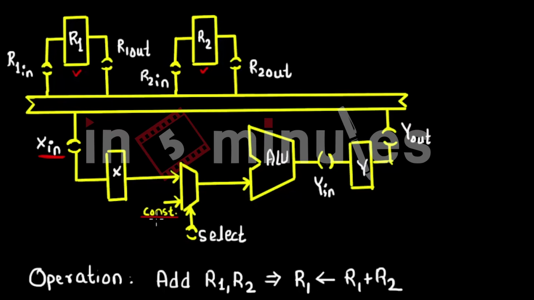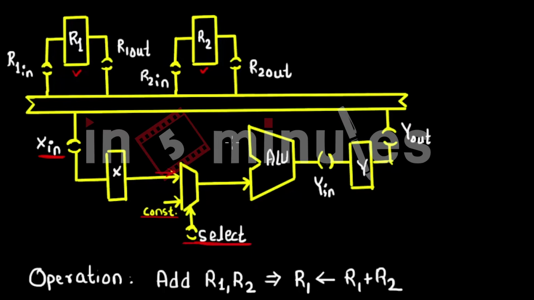So this is some constant, that is the instruction length, to be added here. Whenever we are computing the next instruction address, that is, when we are using the ALU for PC equals PC plus I, we are going to select this constant. And for other operations, we are going to select the data from the X register. So this is the functioning of the select line here.